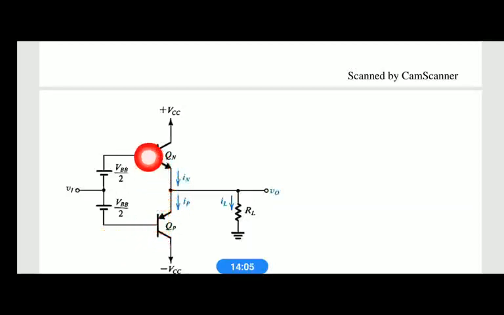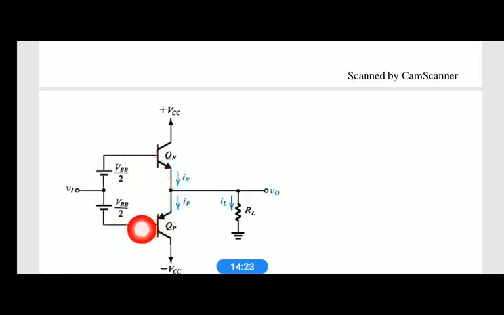In the same way, if you see this loop, from the base to the emitter of both the transistors to the base of QP, you have two voltages: one is VBE N, another is VEB P across the QP.